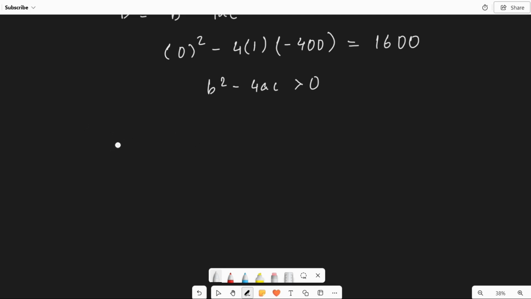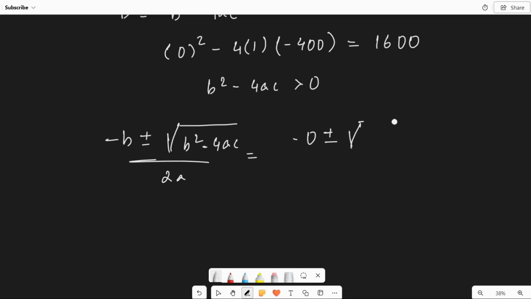So now using the quadratic formula, that is minus b plus minus root over of b square minus 4ac by 2a, we can find out the breadth, that is minus of 0 plus minus root over of 1600 by 2 into 1.